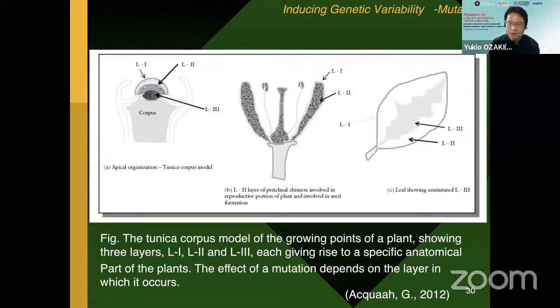Periclinal mutations are stable. The number of initial cells in the layer in the growing tips determines the sectorial patterns.